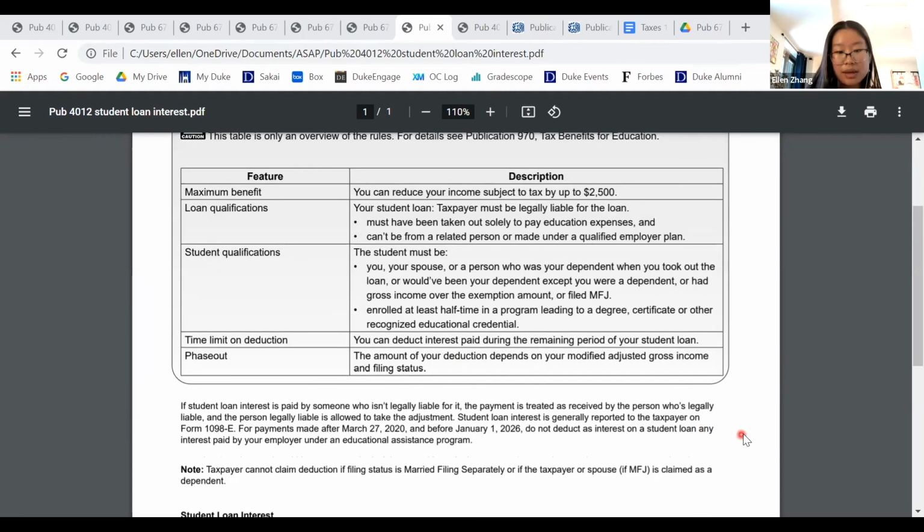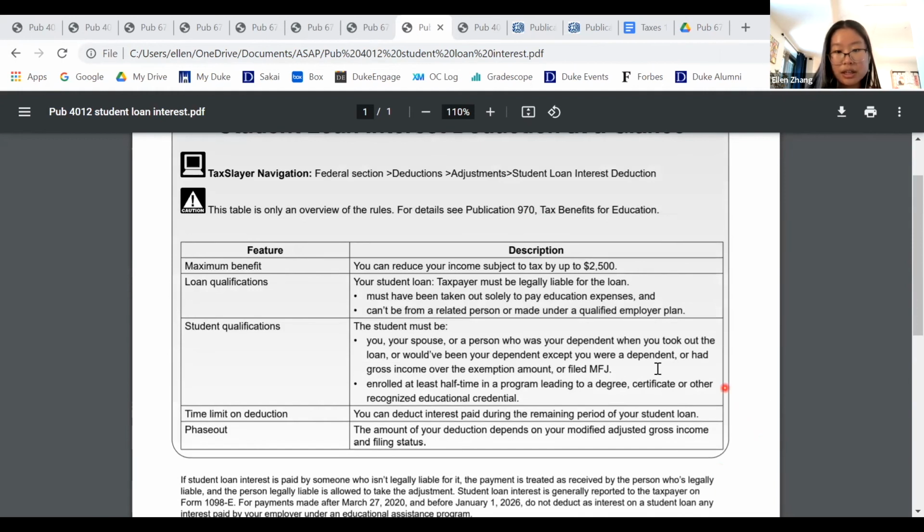The second bullet point we have is that Alice and John are married filing jointly, and none of them can be claimed as a dependent. So for the dependent part, at least they can still claim the deduction. Then we see here, you, your spouse, or a person who was your dependent when you took out the loan, or would have been your dependent unless they were married filing jointly.